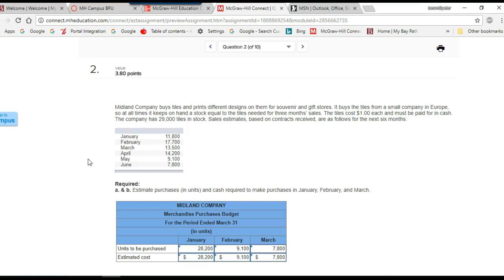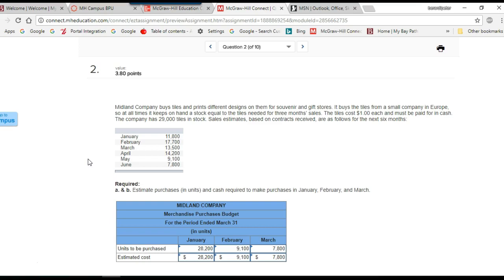Let's look at budgeting problem number 2. Midland Company buys tiles and prints different designs on them. It buys the tiles from a small company in Europe, so at all times it keeps on hand a stock equal to the tiles needed for 3 months' sales. Tiles cost $1 each and must be paid in cash.